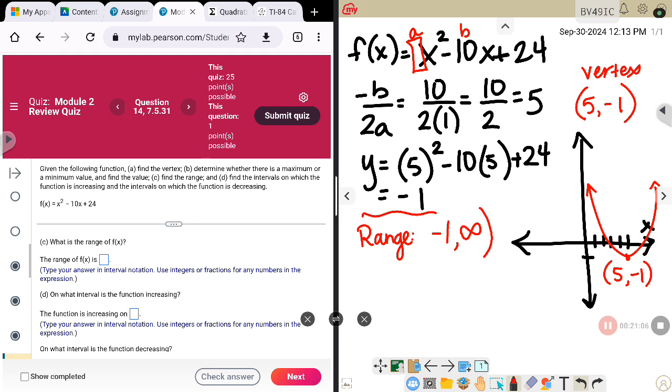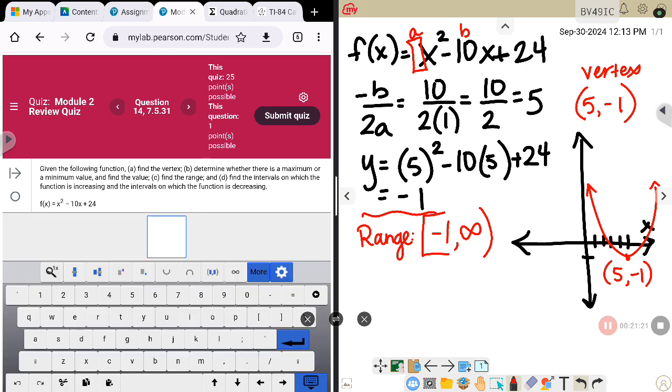And I actually want to include that -1 in the range. Since I want to include it, I need to put a bracket around that -1. So when you're entering, you just use the bracket from your keyboard, then -1, comma, infinity, and then just use the parenthesis from your keyboard.